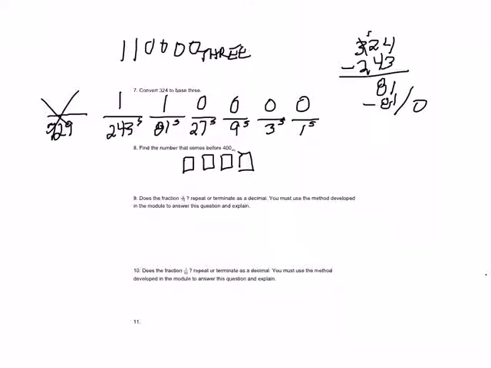So when I find the number that comes before, I want to take away a baby. Take away 1. I have no babies to take away, and the way I can get those is to break.